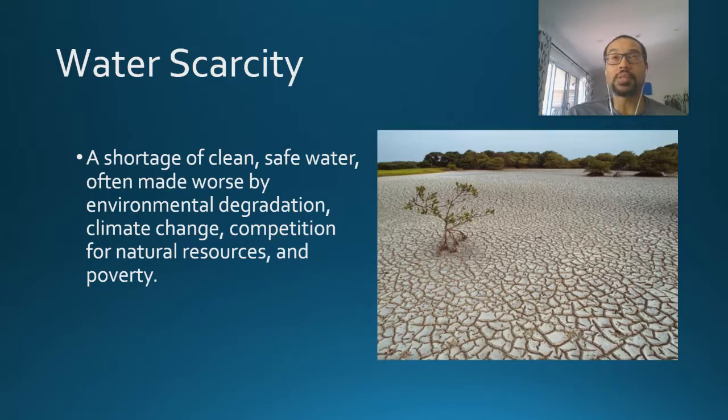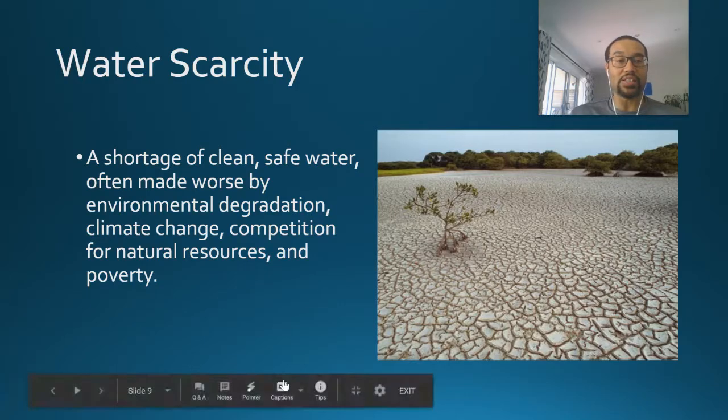Sometimes, which we'll talk about in just a second, there's actually enough water, but for some reason, usually political, that water is distributed in a fashion where the richer you are, the more likely you are to have access to it. The poorer you are, the less likely you are to have access to it.